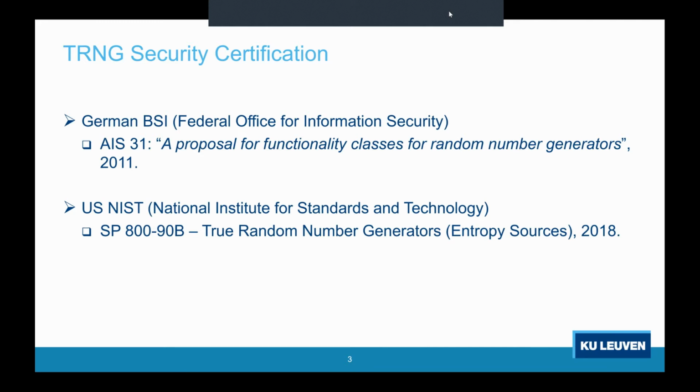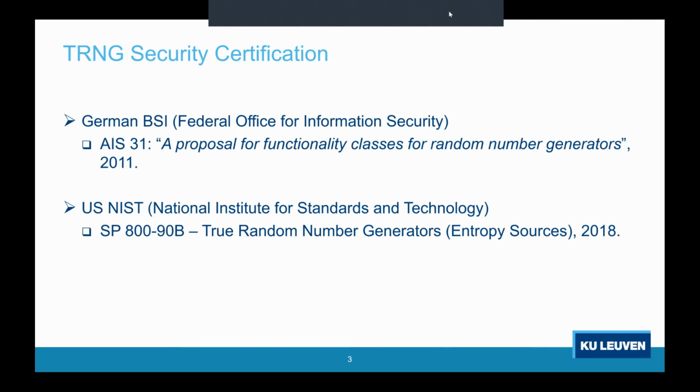However, this is not always required to be a stochastic model, but just a description is enough for the American standard NIST SP 800-90B, which is from 2018. However, TRNGs that are compliant with the European standard, that is German AIS 31, should also have a stochastic model.